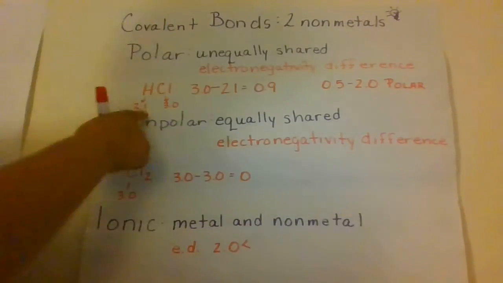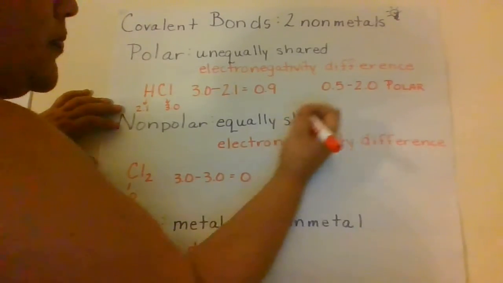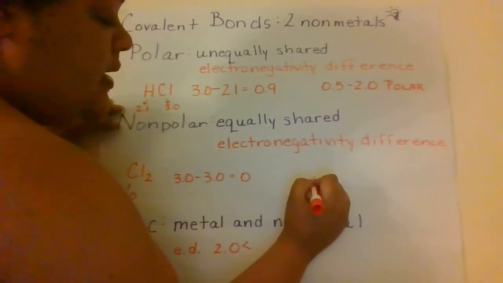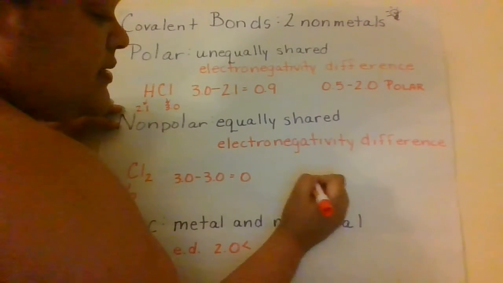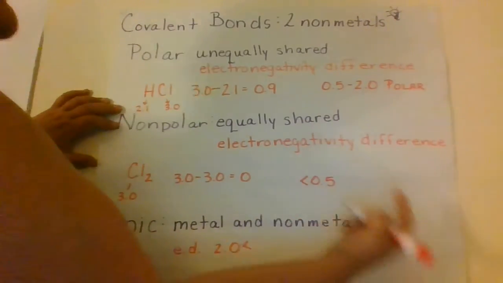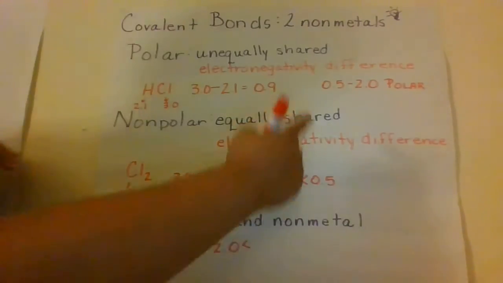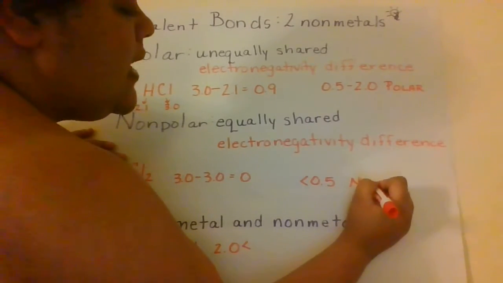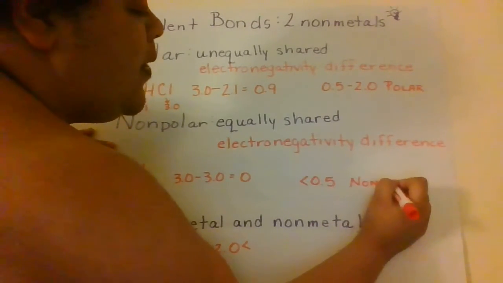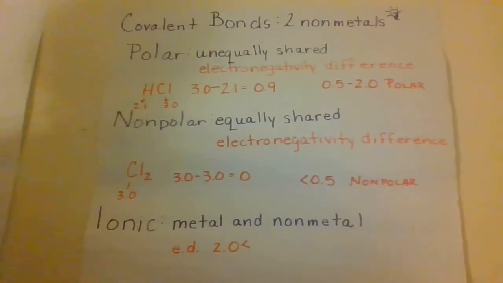So anything that is non-polar is going to be less than 0.5. This is the most it can be. So anything less than 0.5 is going to be a non-polar covalent bond according to electronegativity.